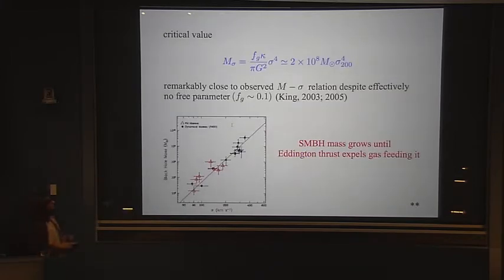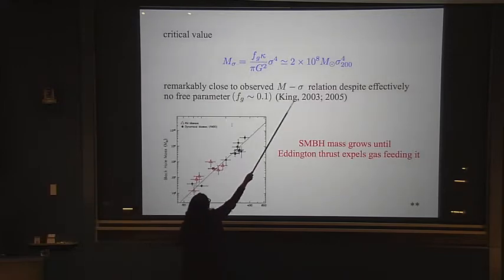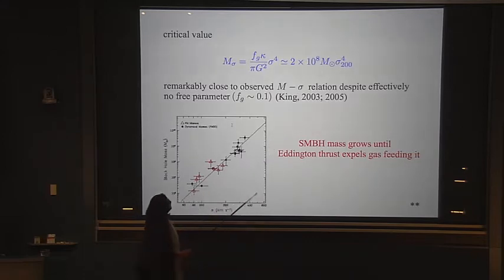So of course, there's a critical value at which this transition happens. And that critical value is roughly 10 to the 8 for the bulge mass. So remember, this is a critical value now for the bulge mass. So once your bulge has also built up to a certain critical value, right, then you have this transition.